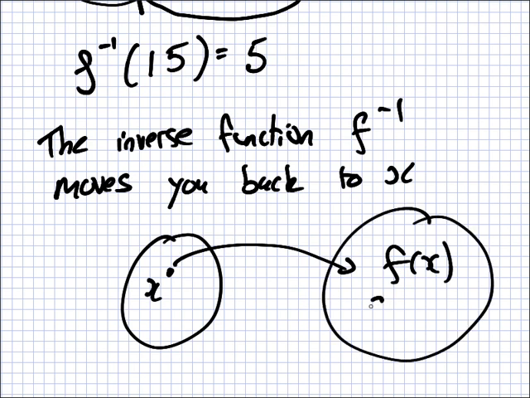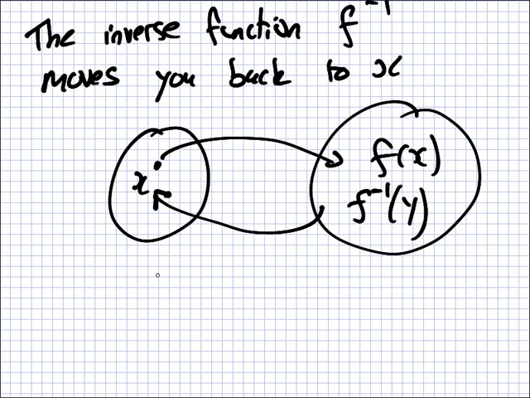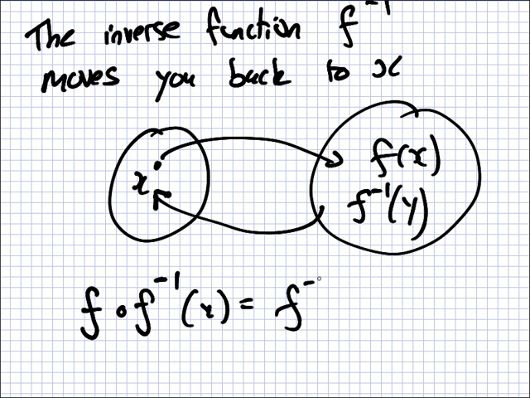If you were to calculate the inverse here, it should take you back to x. So another way of saying it is that f and f inverse should both cancel.